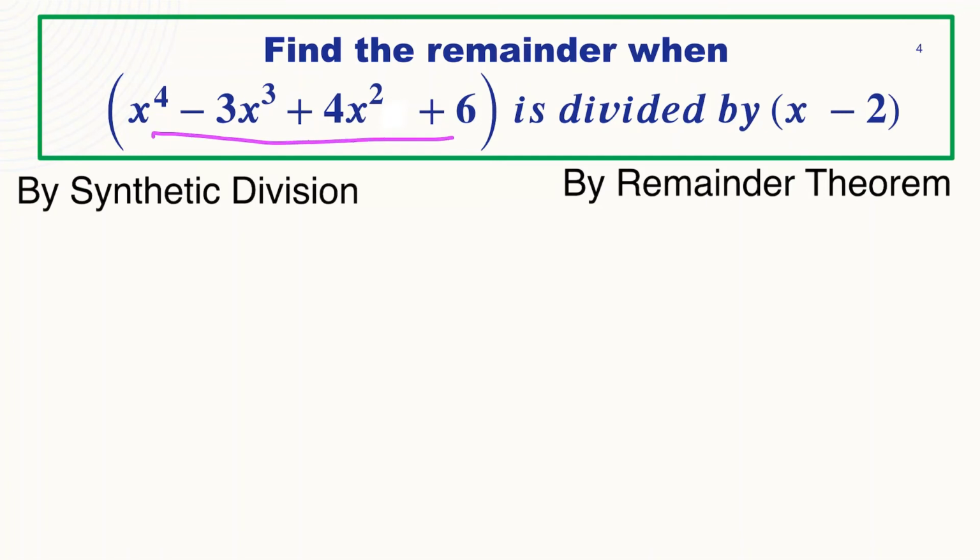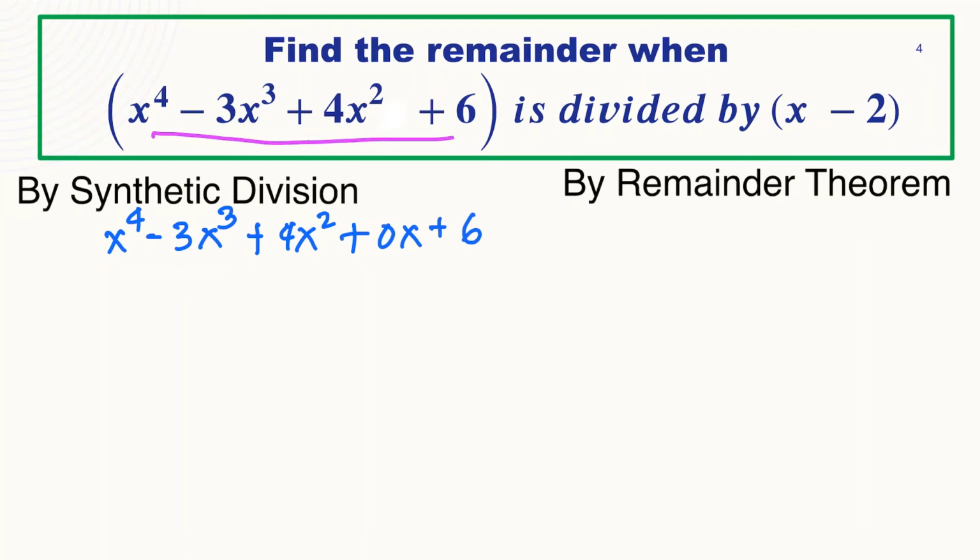But there is a missing term here, and that is x. So let's first complete the expression. We have x raised to 4 minus 3x cubed plus 4x squared plus 0x plus 6. Now our expression is complete.